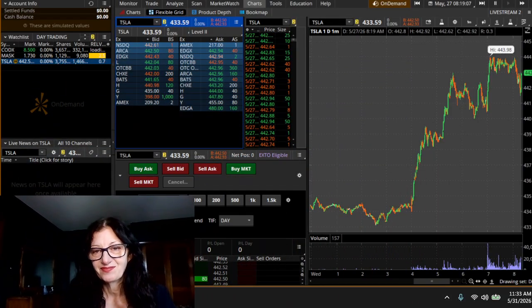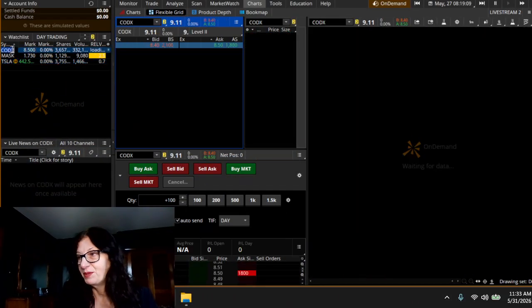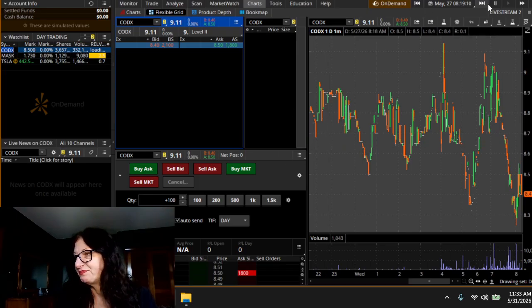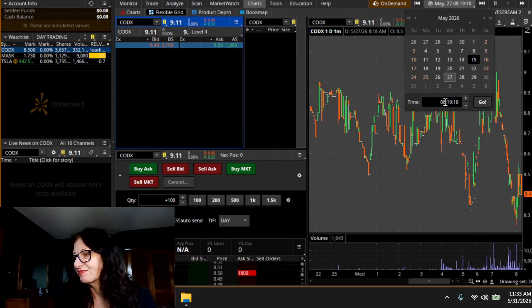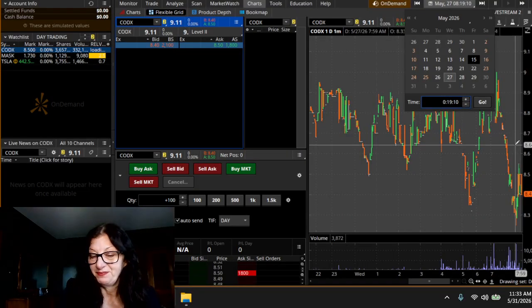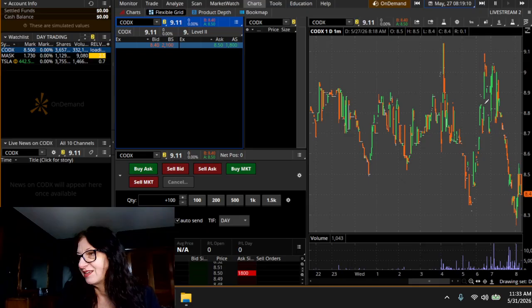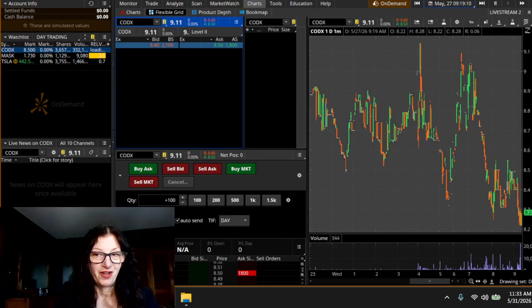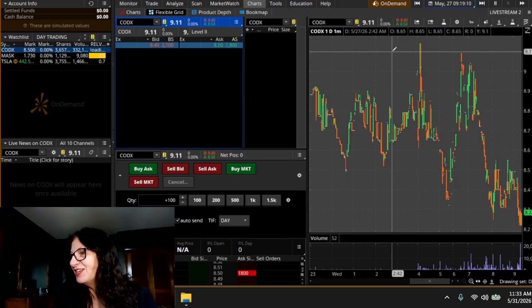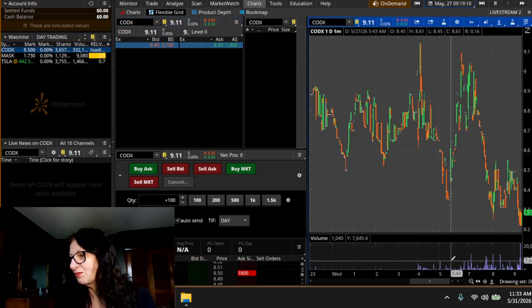Let me pull up a chart. I'm using the on-demand feature on Thinkorswim to time travel back to a past day so we can take a look at price action.